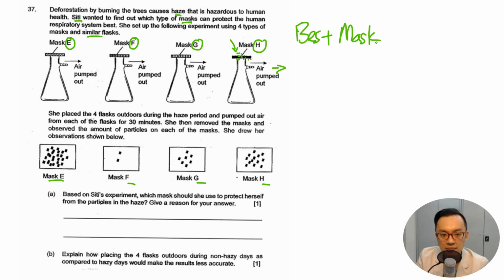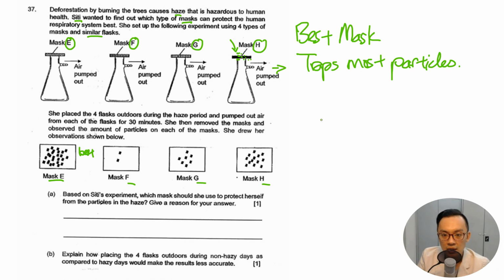And the best mask is the one that traps the most particles, because I want the particles to trap and not go into my lungs. So this is something like your lungs. So generally this is a better one. So this is the best.